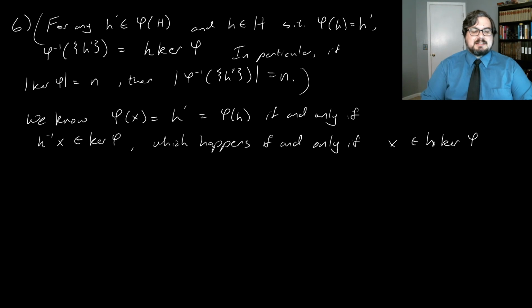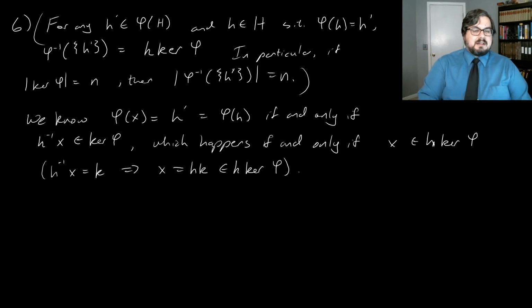If h inverse x is in the kernel of phi, then that means that h inverse x is equal to some k, where k is in the kernel. And therefore, if we multiply on both sides by h, we have that x is equal to hk, which, of course, is in h times the kernel of phi.